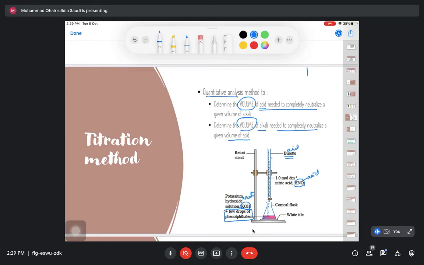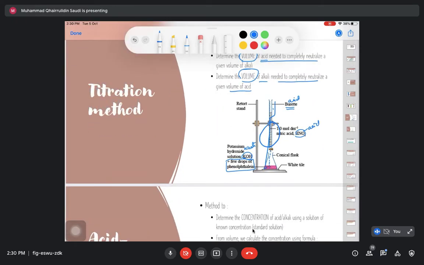When the indicator changes color, we know that it has been neutralized, and then we record the volume of acid needed. That is the basic titration method: we add something until a reaction is complete, and then we take the volume measurement.